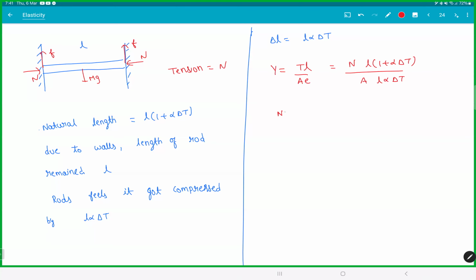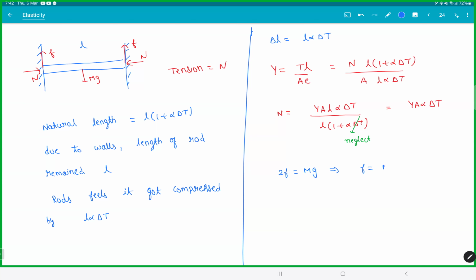So from here we get N is equal to Y A L alpha delta T by L into 1 plus alpha delta T. Since alpha delta T is very, very small, we neglect this term. Again, remember, compared to 1, alpha delta T is small. Then this becomes Y A alpha delta T. And for equilibrium, 2 times friction will be equal to mg.